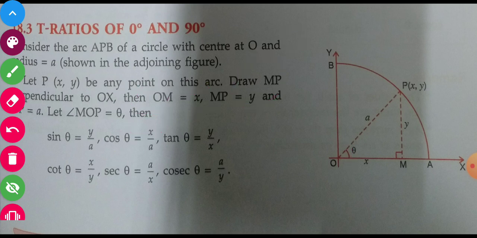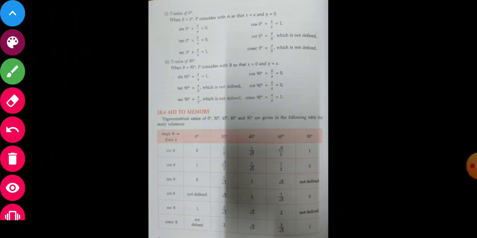Suppose this theta becomes 0. What will happen? This OP will drop down on the x axis, correct? It will come on the x axis if this angle becomes 0. So what happens to this x? This x becomes equal to A. Let us see it here.